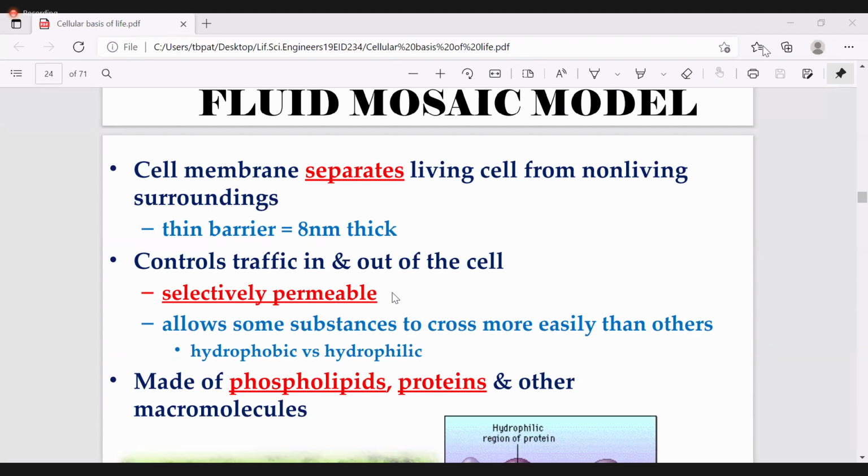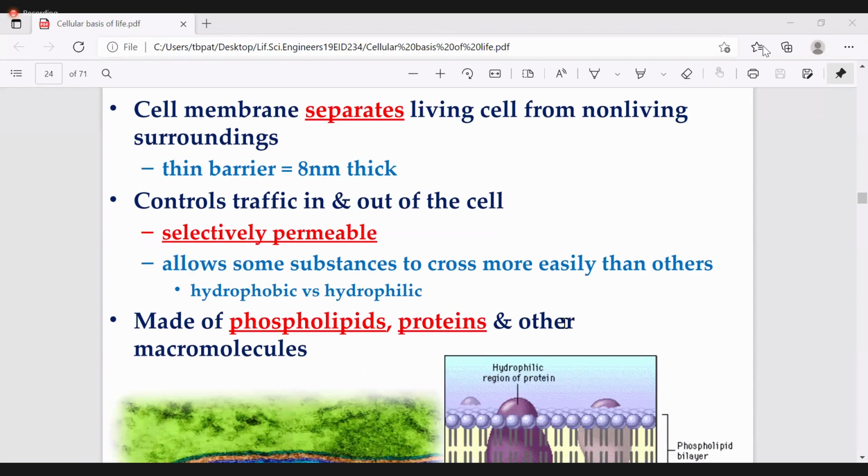Accordingly, it allows some substances to cross more easily than others. Hydrophobic or hydrophilic: attracted towards the water or opposed to the water. It is made up of phospholipids, proteins, and other macromolecules.